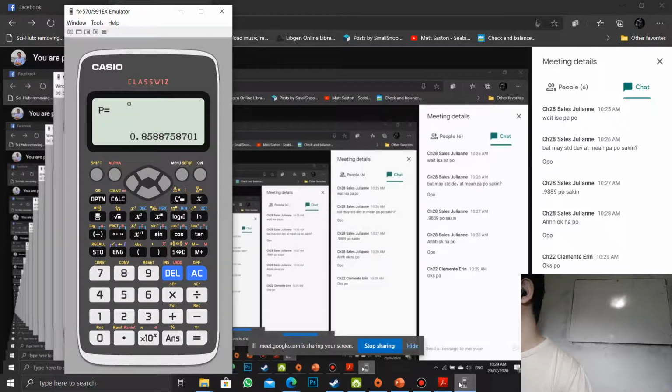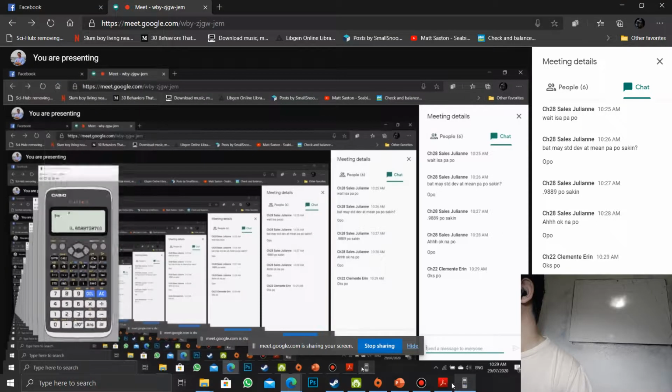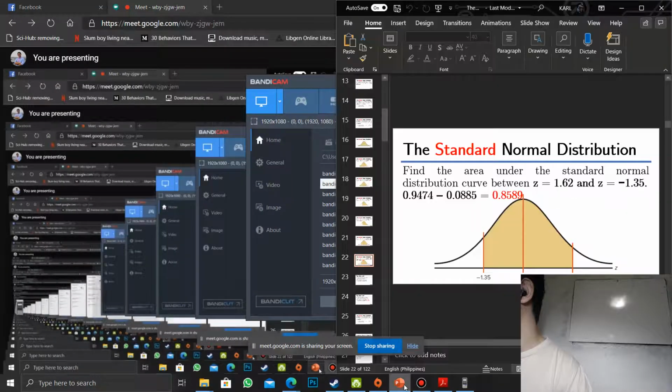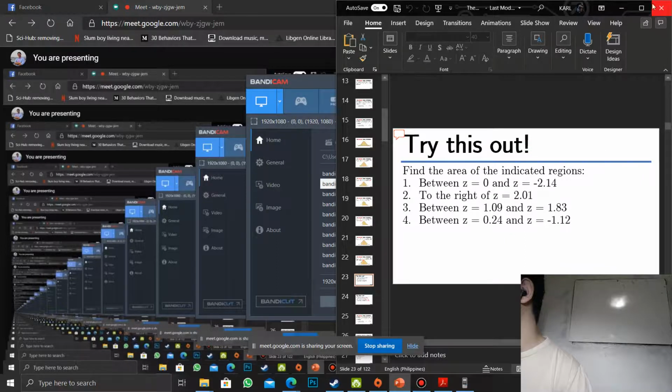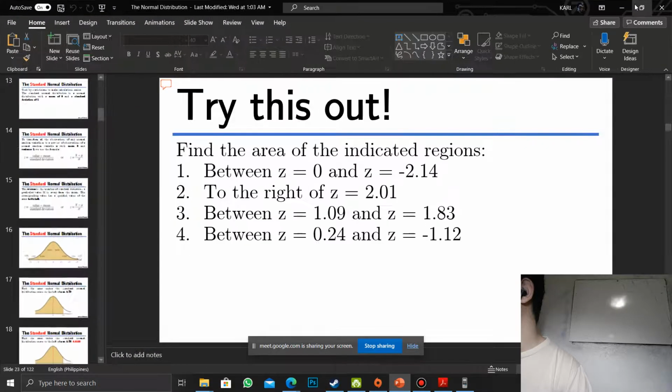Okay, sige. Ngayon, meron ako exercise sa inyo. I'll just give you 3 minutes. Kasi mag-ano lang tayo sa calcu. Sige, go. 3 minutes. Send nyo ko sa GC or sa PM kayo bala, okay? Please, wag sa chat ng Google Meet, kasi hindi ko napapansin agad if nagbe-message kayo.